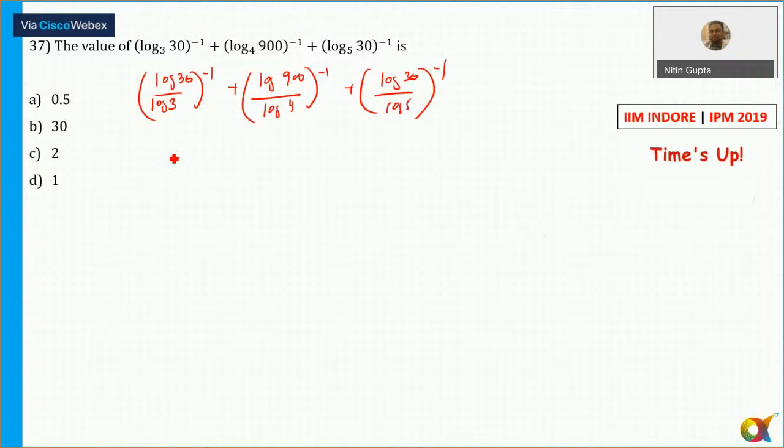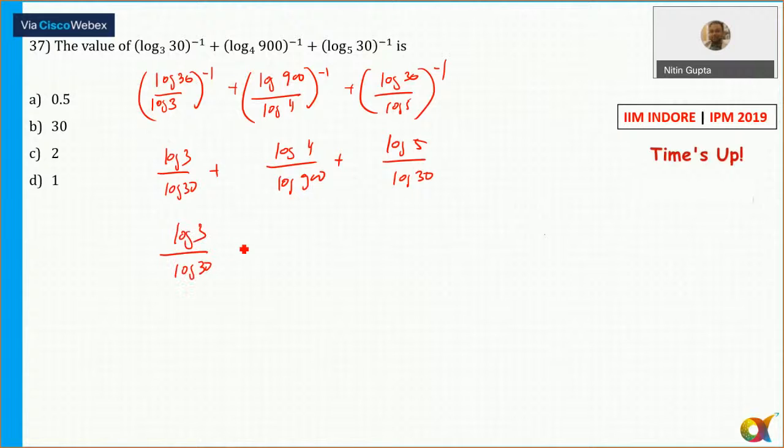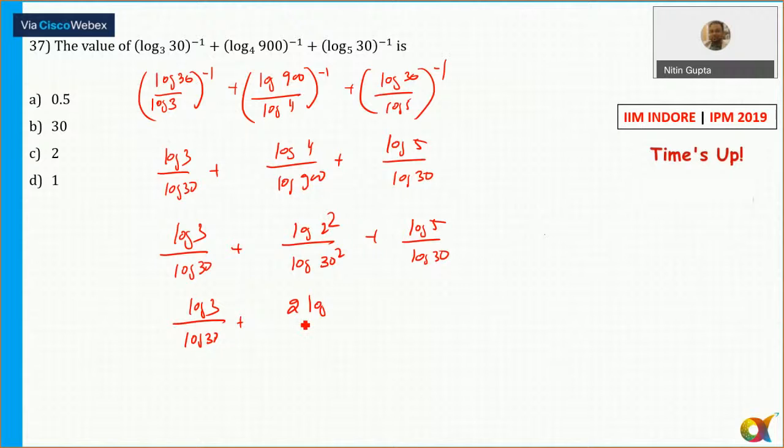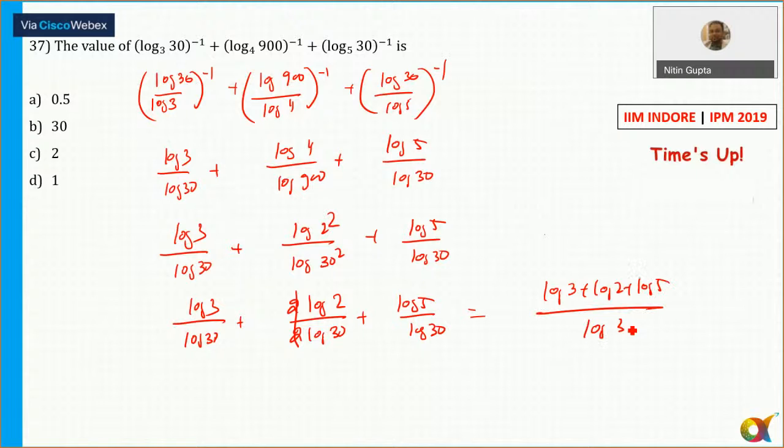Now raised to power minus 1, so you need to take y log y of the is equal to e into 2 into 5, 3 into 2.